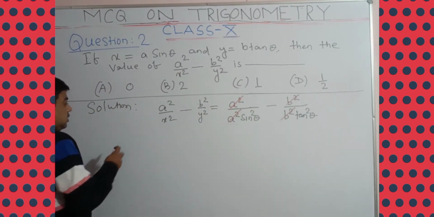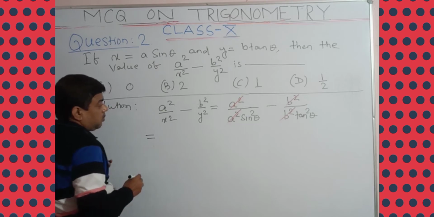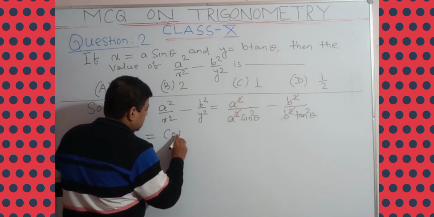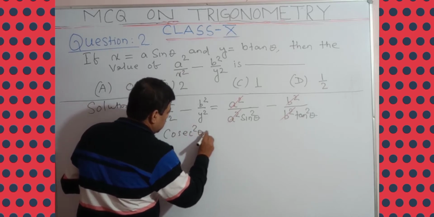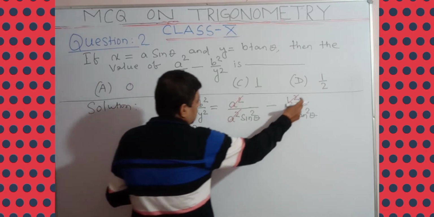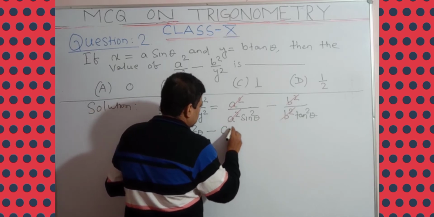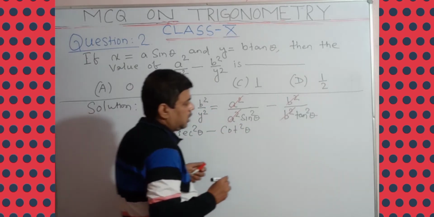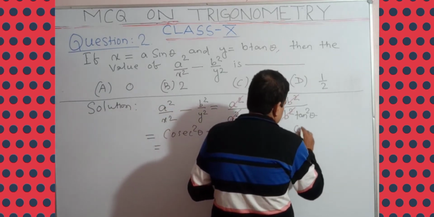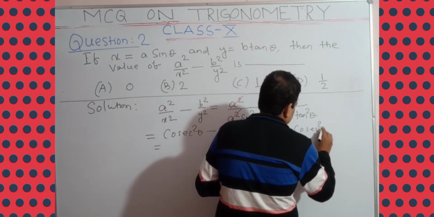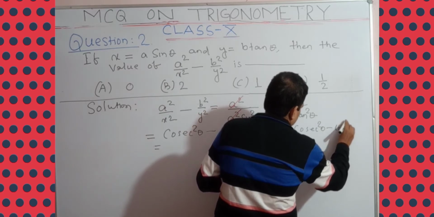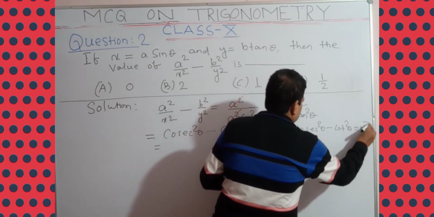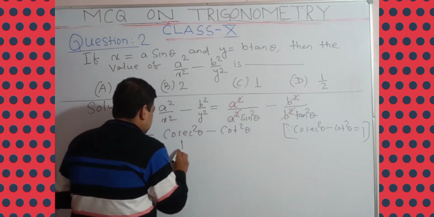So it will be 1 upon sin square theta, which is cosec square theta, minus 1 upon tan square theta, whose formula is cot square theta, understand. And all of you know, according to the identity, cosec square theta minus cot square theta is equal to 1, understand. Okay, so the value will be 1.